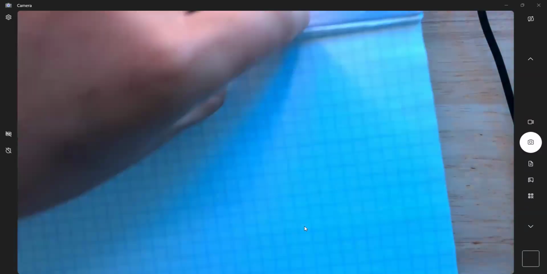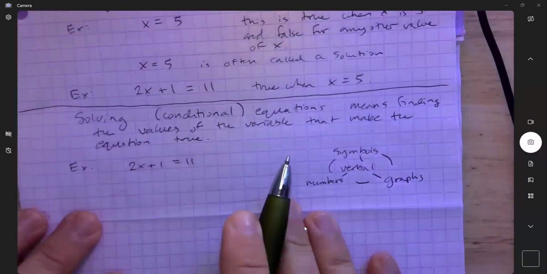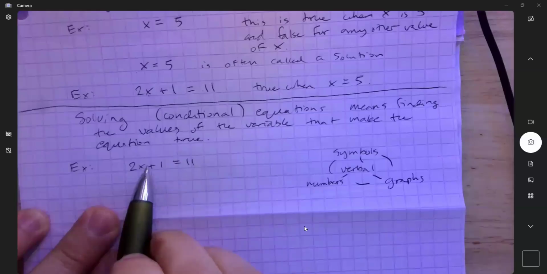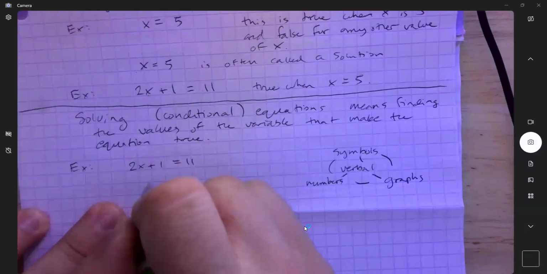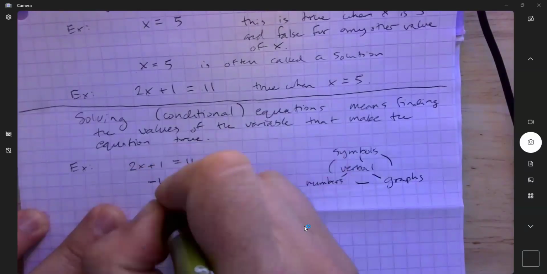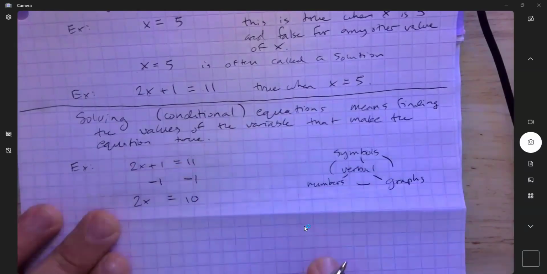If I want to find out what x values make this true, we often solve this symbolically by saying if 2x plus 1 equals 11, then that should mean that 2x should be 1 less than 11. I can subtract 1 from both sides, and I get 2x equals 10.